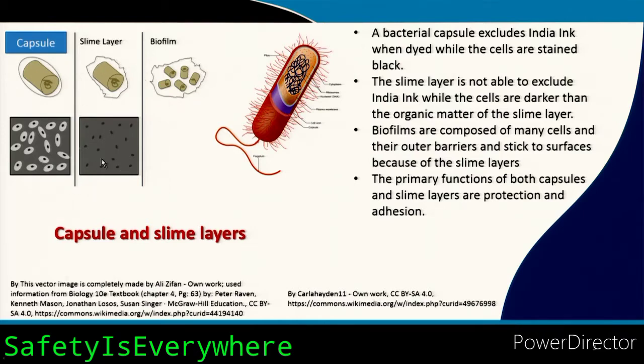Now, why are these two important? Like I already said about the capsule, the slime layer is what allows the biofilm to attach itself to surfaces. I've already mentioned in the previous topics that the slime layer is when you know that there is bacterial growth on what seems to be a dry surface. So the best examples are your bathroom fixtures, your buckets, your mugs, your sinks and basins.